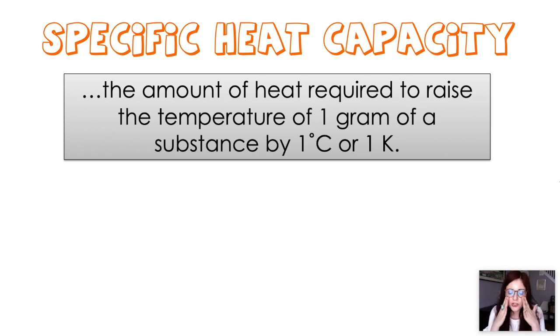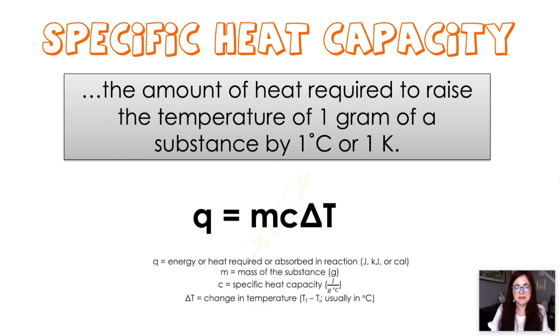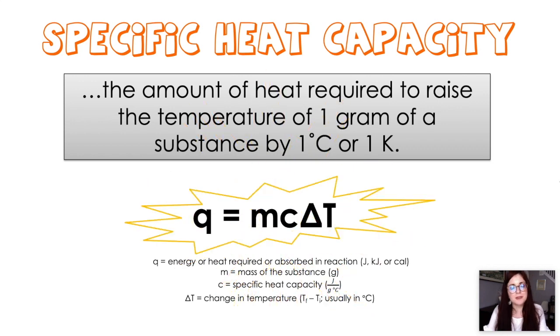Now, the biggest equation that you have to know for this unit is this next one. This next one is crucial. It's like PV equals nRT. We know PV equals nRT for gas laws. We've got to know this next equation for thermochemistry. And this next equation is Q equals mc delta T. So, the animation's not right, but that's okay.